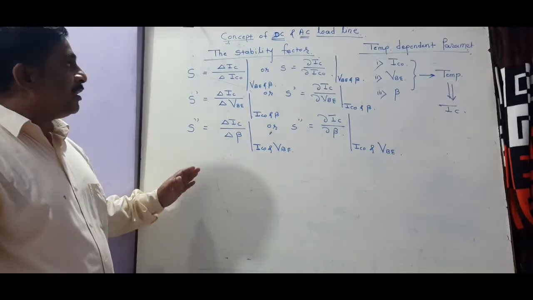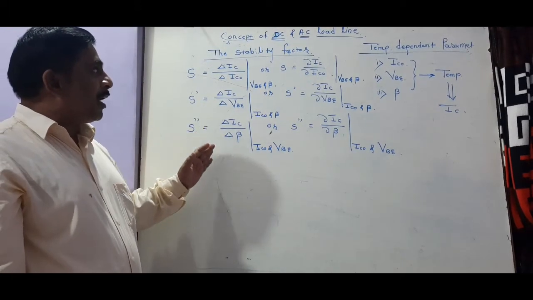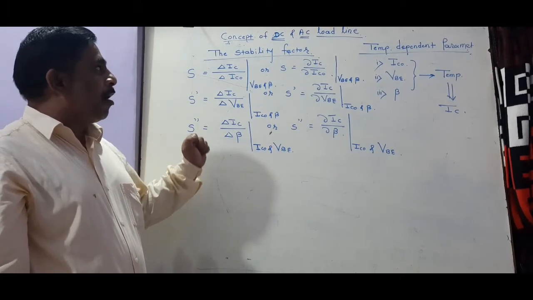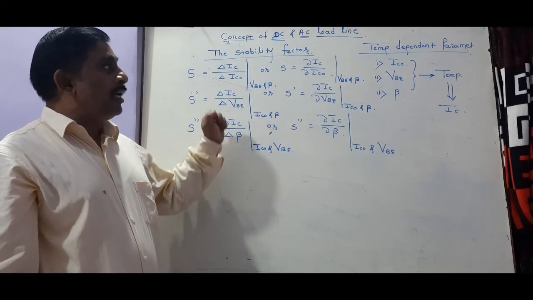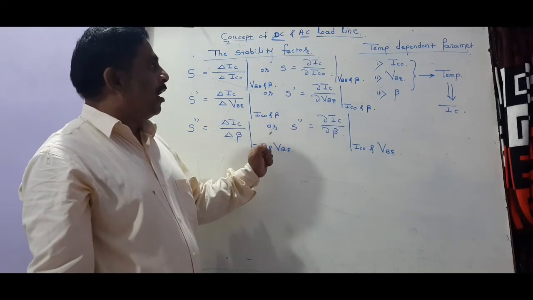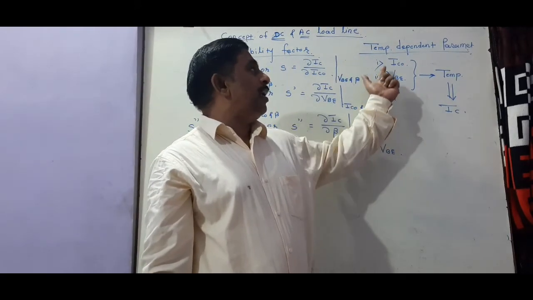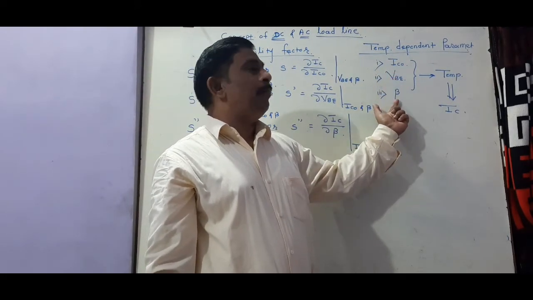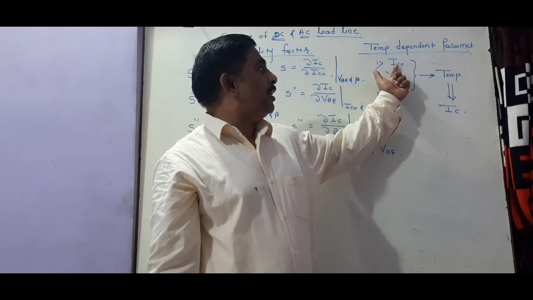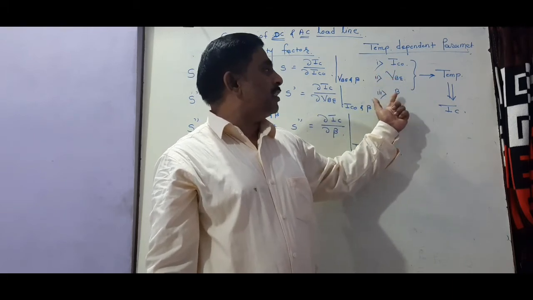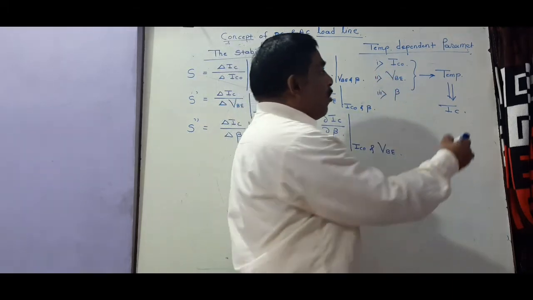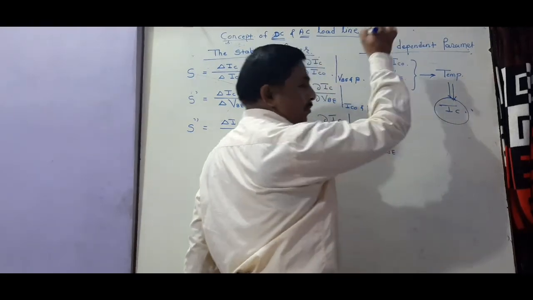So it means this stability factor gives the significance of output collector current when it is operating as an amplifier, and how it varies with the temperature dependent parameters IC0, VBE and beta, and these three temperature dependent parameters are responsible for changing the output collector current IC.